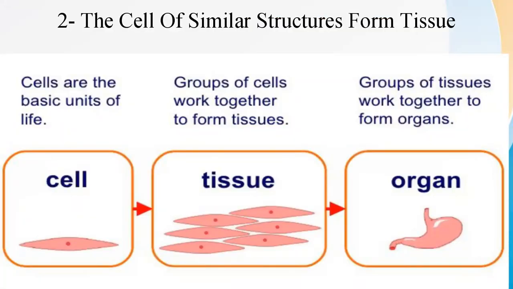Now, the tissues. Within multicellular organisms, cells of the same type are usually arranged in groups or layers to form tissues. Every cell in a tissue carries out the same type of function. For example, every muscle cell in a muscular tissue makes the muscle contract or relax.